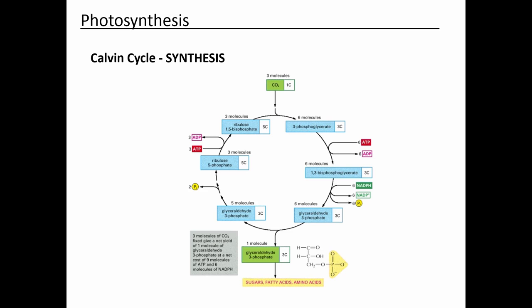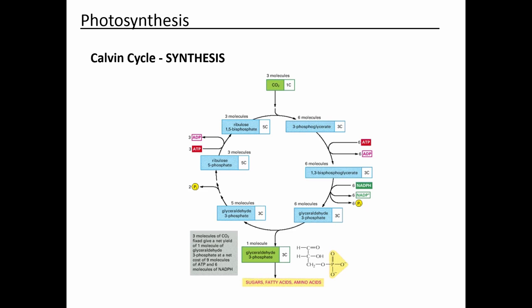And then that's the starting material for the second stage, which is reduction and carbohydrate production, where you take 3-phosphoglycerate and transform it into glyceraldehyde 3-phosphate. So if you start with 6 3-phosphoglycerates, you're going to end this stage with 6 glyceraldehyde 3-phosphates. And you're going to use ATP and NADPH during this stage.